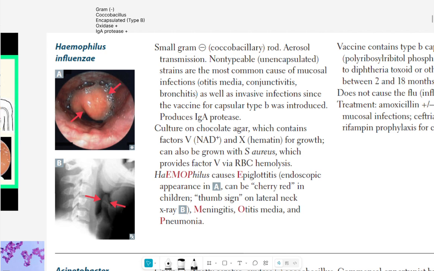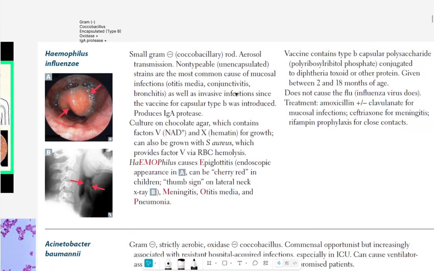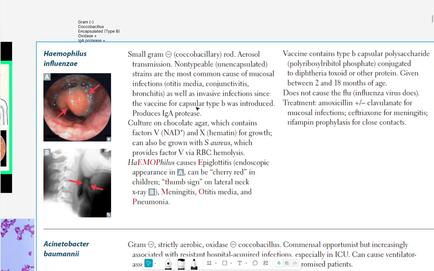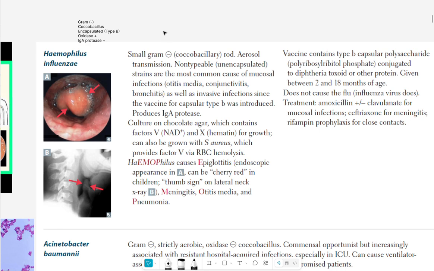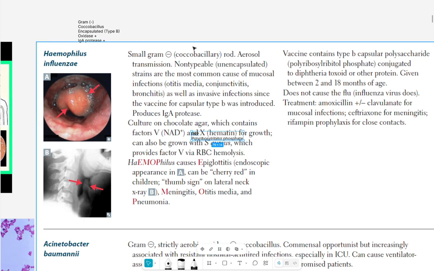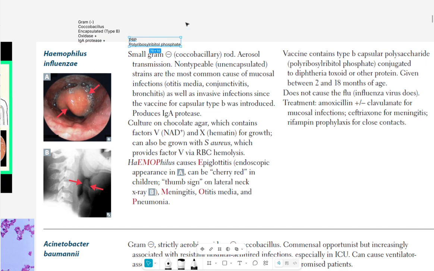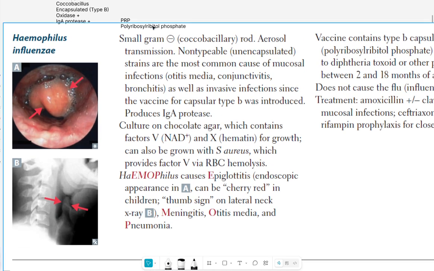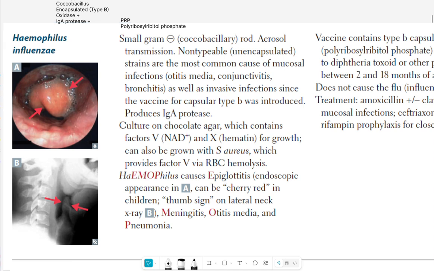Now, virulence factors. It contains PRP, polyribosyl ribitol phosphate. This capsule prevents phagocytosis, right? So it contains this PRP, which is polyribosyl ribitol phosphate. This capsule basically prevents phagocytosis.